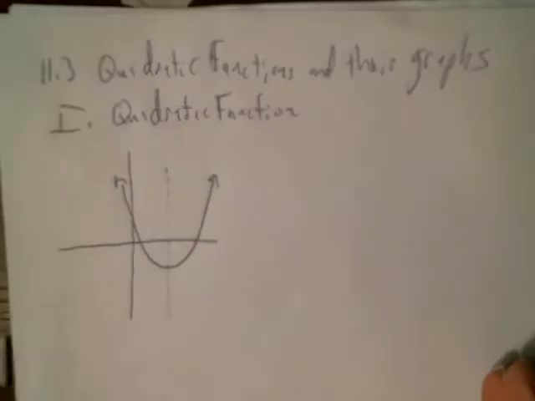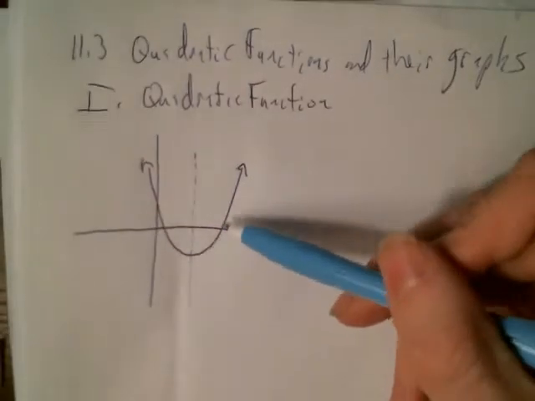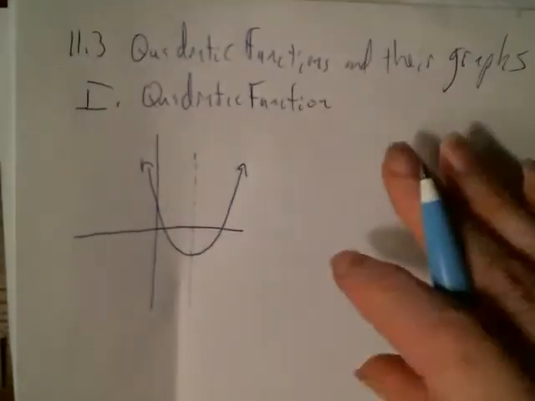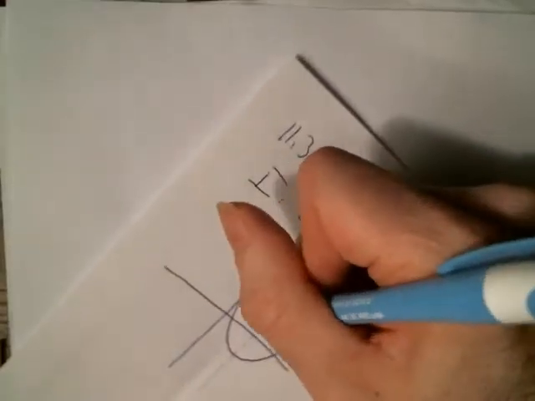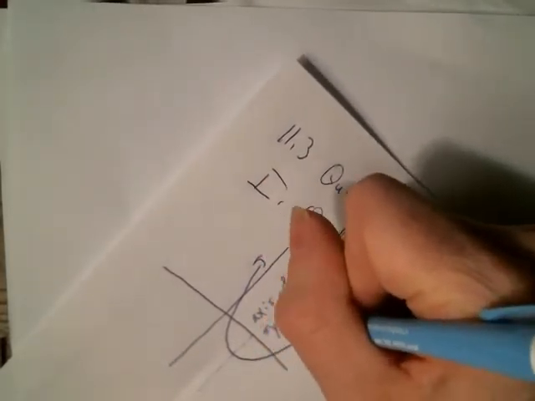If you took this paper and folded it, you would have the same thing over here. So this side and this side are exactly the same, and that line is called the axis of symmetry.